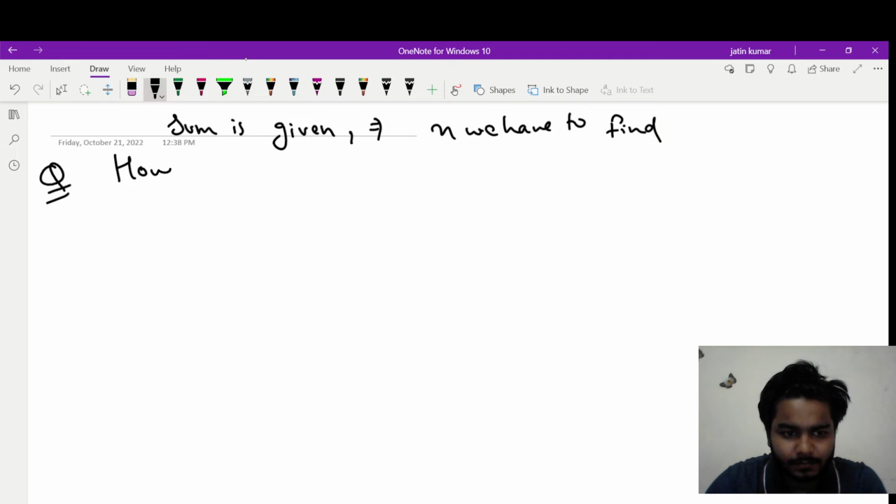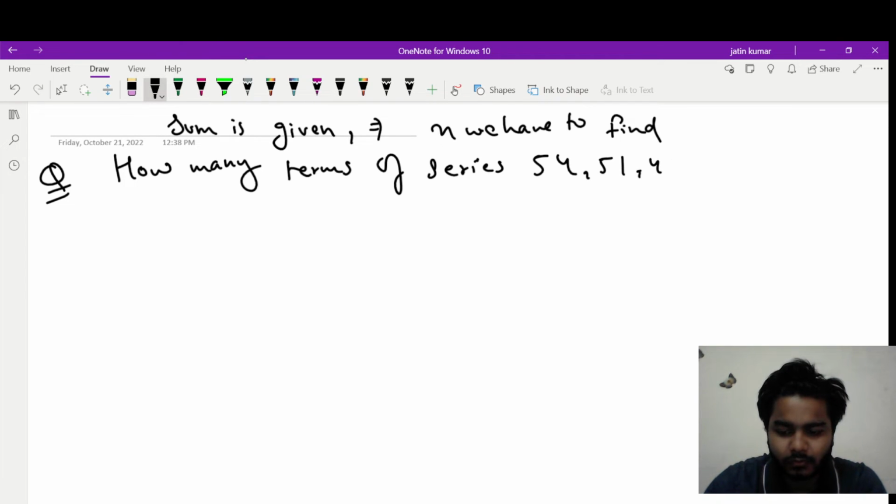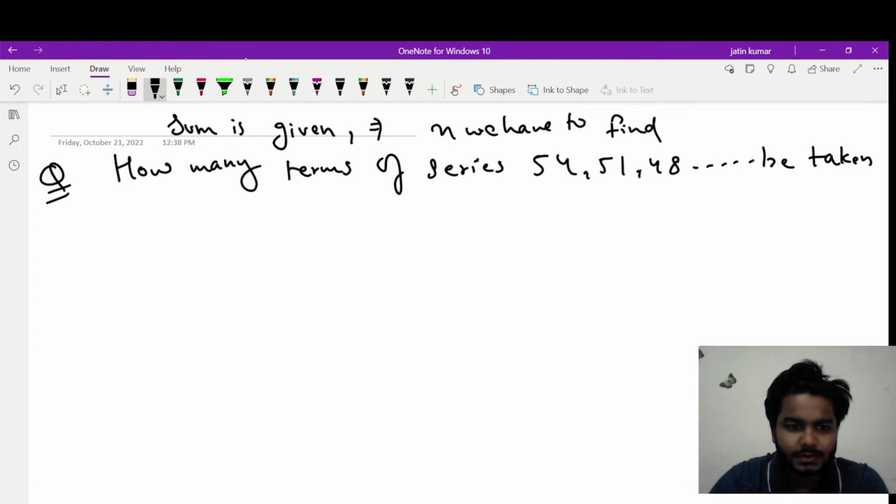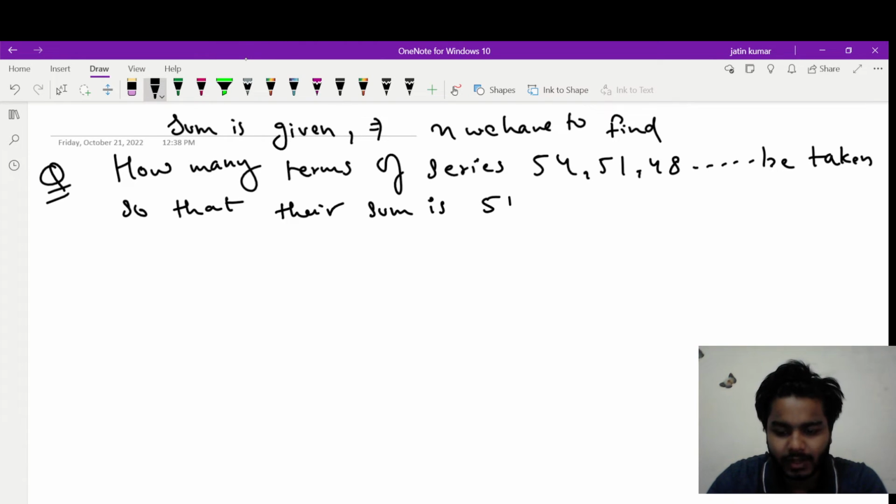The question will be like this: how many terms of the series 54, 51, 48 must be taken so that their sum is 513? Now we are given the sum and we have to find the value of n.